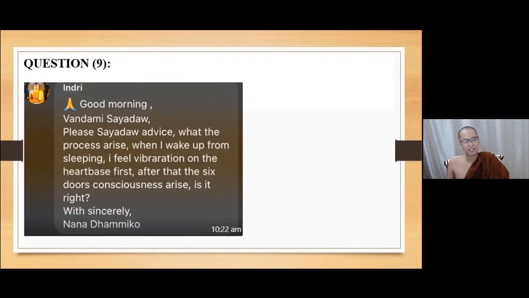Okay, in this case, we can consider that the vibration on the heart base, the vibration inside, can be felt by the body consciousness.